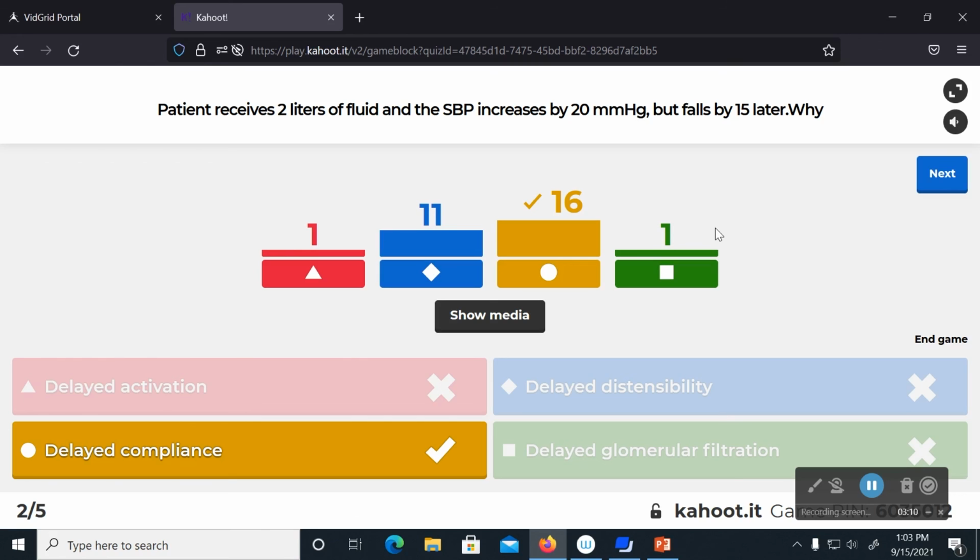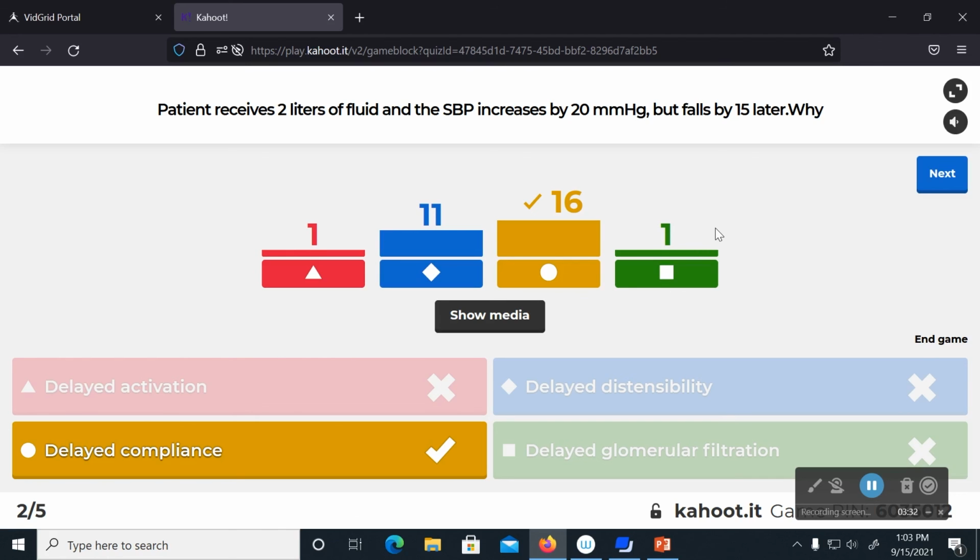But that big increase in pressure drops off as the vessels dilate and enlarge, and as elasticity sort of absorbs some of that extra volume. So it means that first we have very little compliance. In other words, pressure goes way up, but then the compliance does occur.